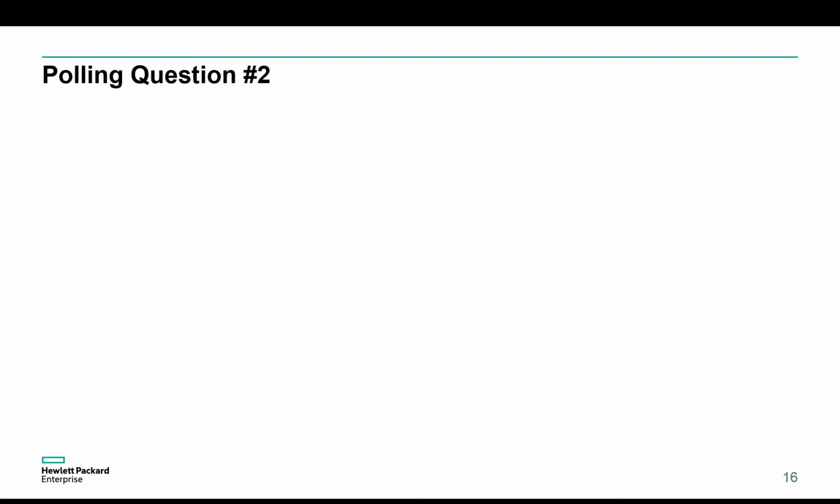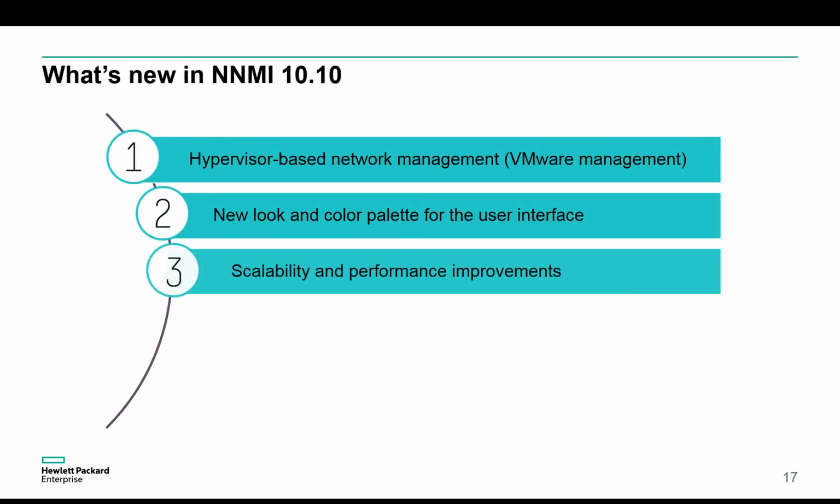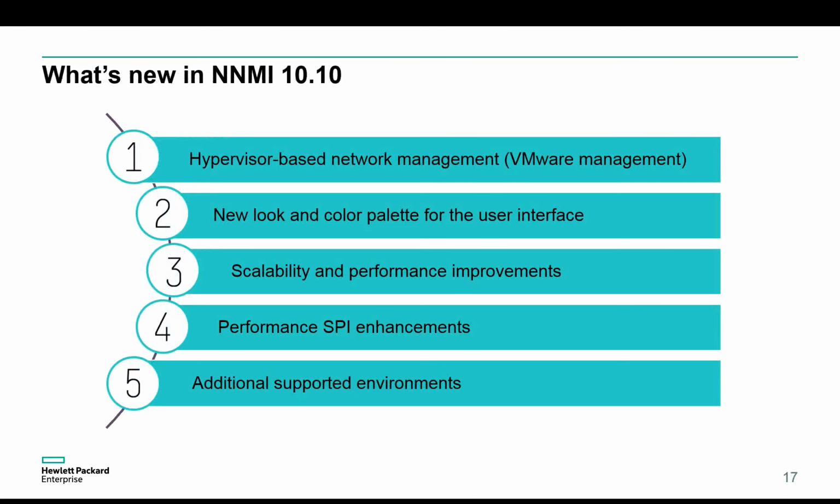Okay, terrific. Thanks. All right, so let's talk about exactly what we're doing in NNMi 10.10 to help facilitate this move to the deployment of virtual network functions. So we'll talk first about hypervisor-based network management, and I'll show you what that looks like in a VMware environment specifically.